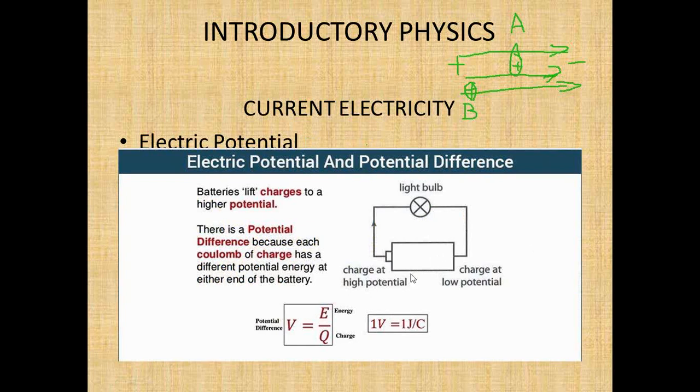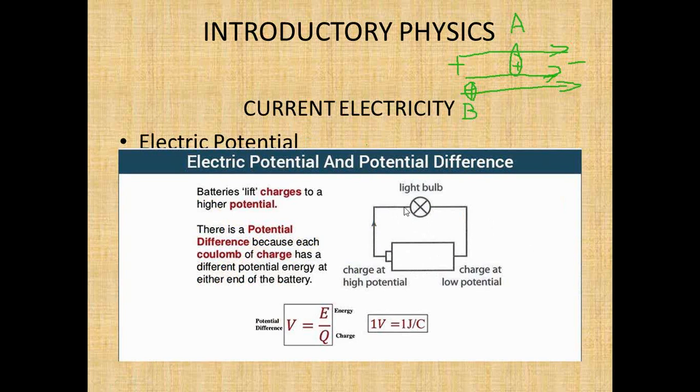And the battery provides that potential difference. And then it's going to have high electric potential right there. Just like the object is on the hill, and once you release it, it's going to flow naturally in the circuit. Okay?